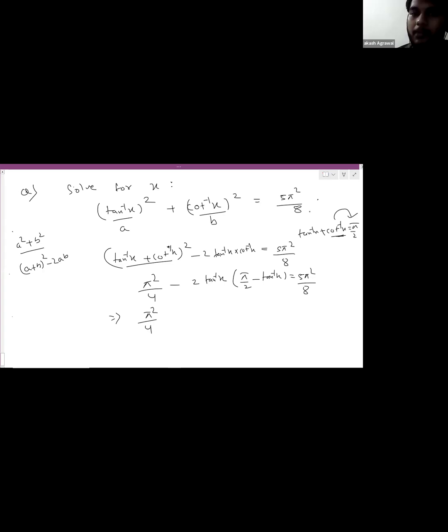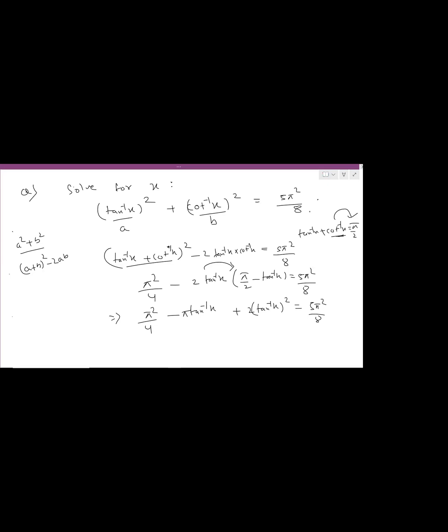So pi square by 4 minus, let's multiply this bracket. So this is pi tan inverse x, and plus 2 tan inverse x whole square is equals to 5 pi square by 8. Right? Yes, sir.